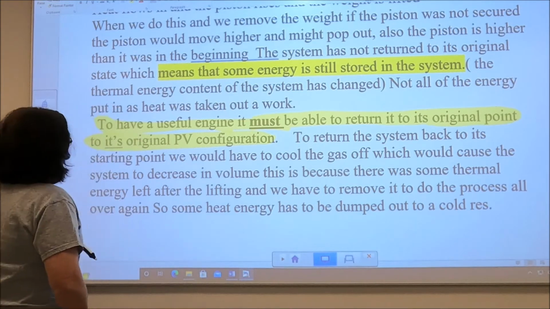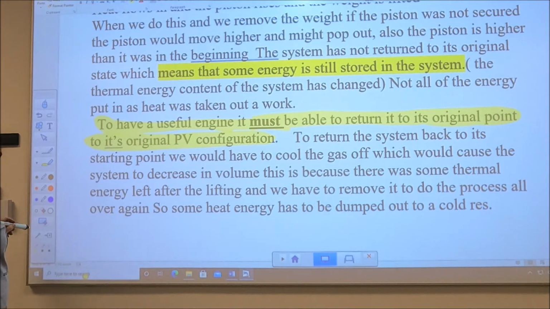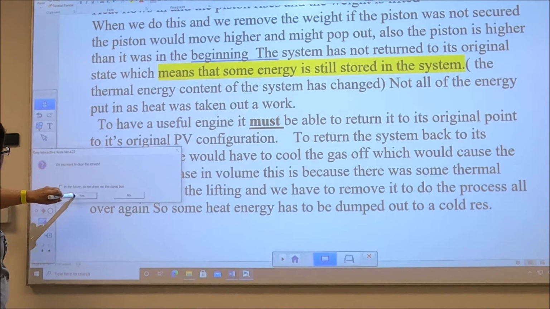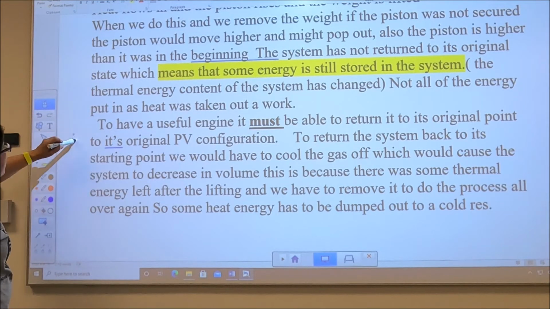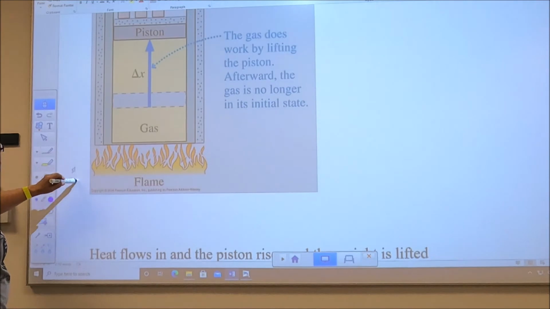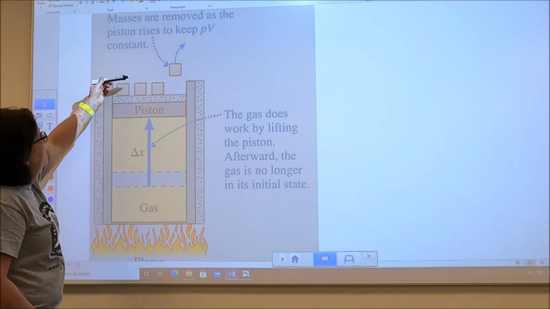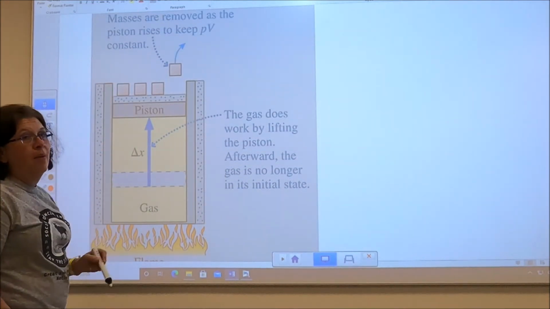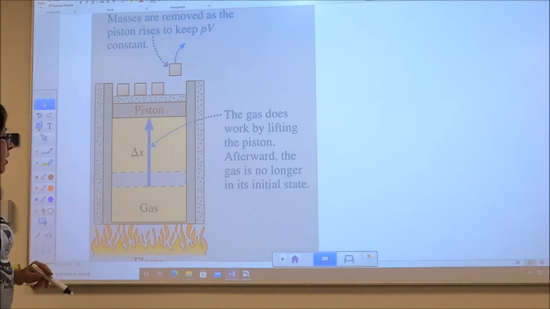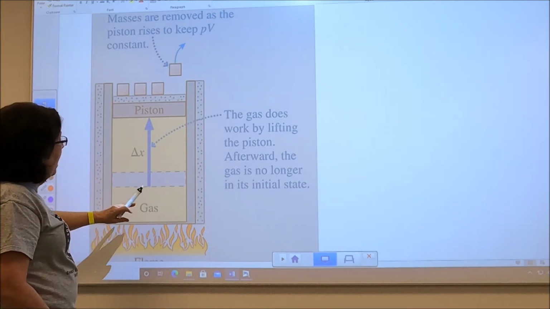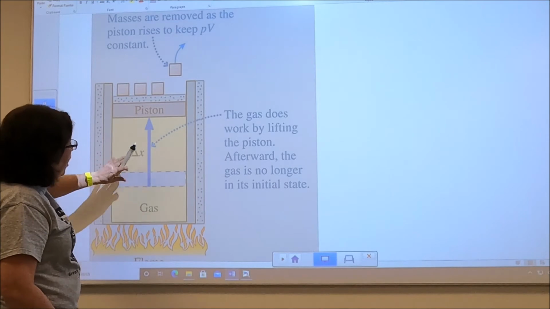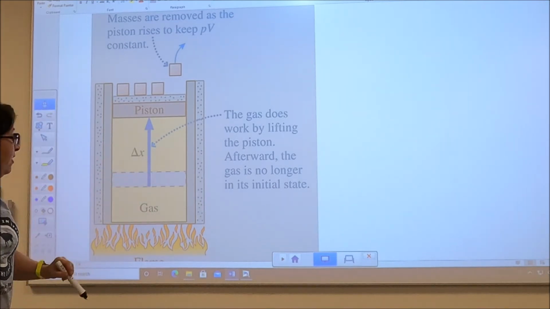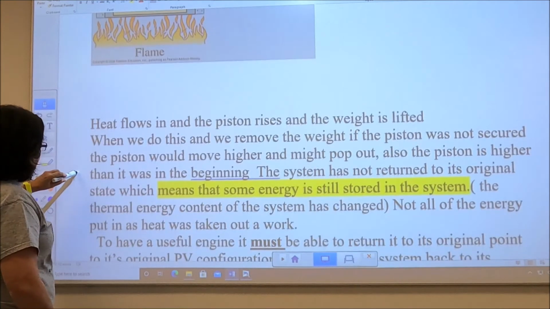So in the piston we were just looking at, if I put a pin in here and I lift these off, I am not back to where I was when I began. If I was going to do that, I would have to somehow suck some thermal energy out of this so I could reset.